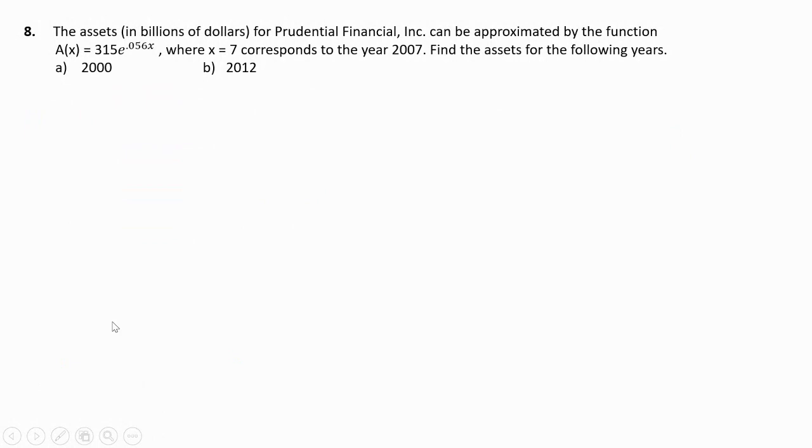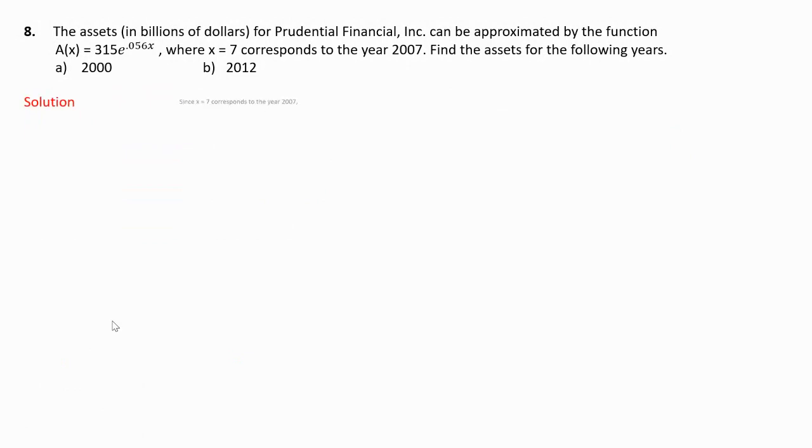Now, number 8. The assets in billions of dollars for Prudential Financial Incorporated can be approximated by the function a of x equals 315 e to the 0.056x, where x equals 7 corresponds to the year 2007. Find the assets for the years 2000 and 2012.